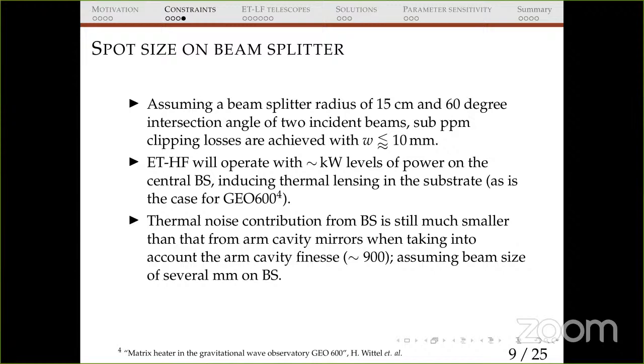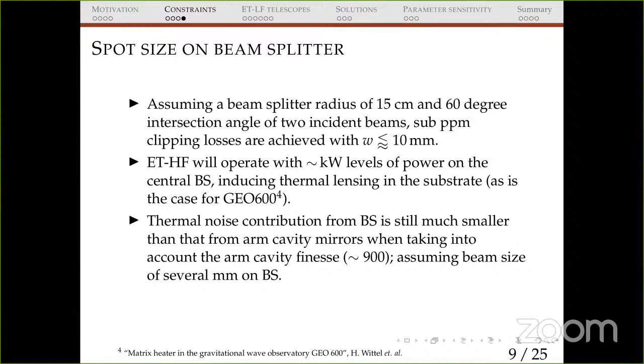And for the minimum beam size, again, it's a little hand wavy at this point, but this is mostly important for ETHF as this will operate at higher levels of power, so inducing more thermal lensing, and this thermal lensing generally gets worse for a smaller beam size.